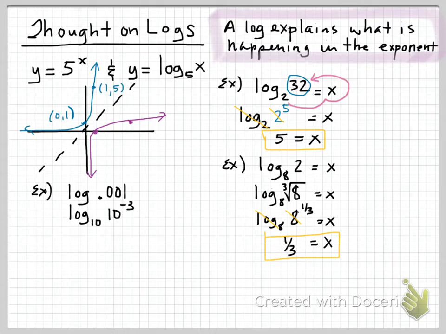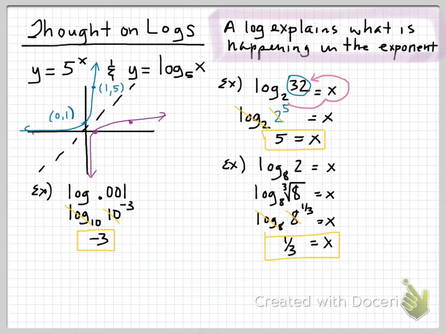So I'm just going to write the 10 there so that we can address 0.001. And I'm going to write 0.001 as 10 to the power of something. In scientific notation, if we move the decimal, we know that that's going to be 10 to the power of -3. And so we have those canceling, and I should get -3.